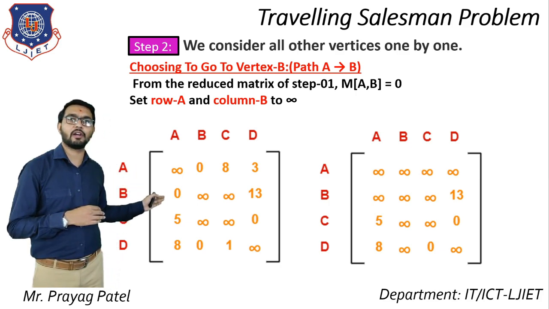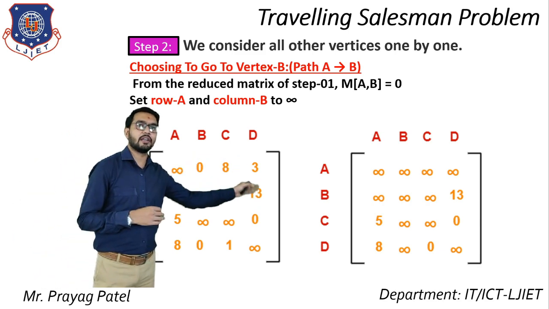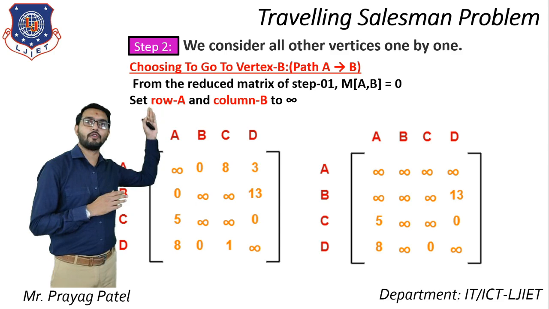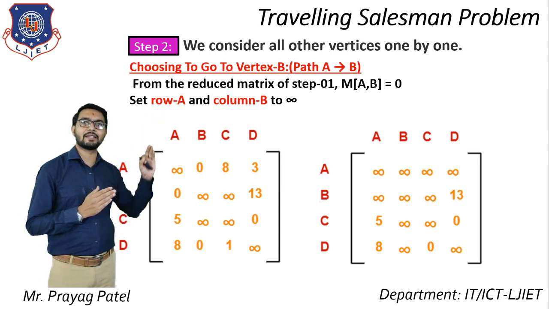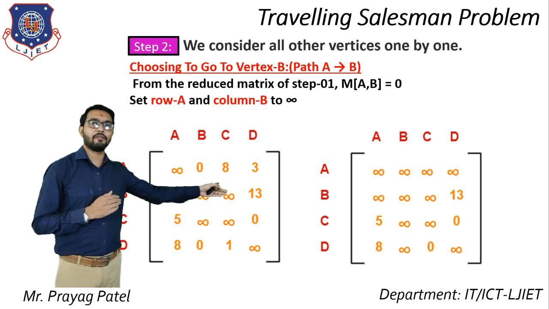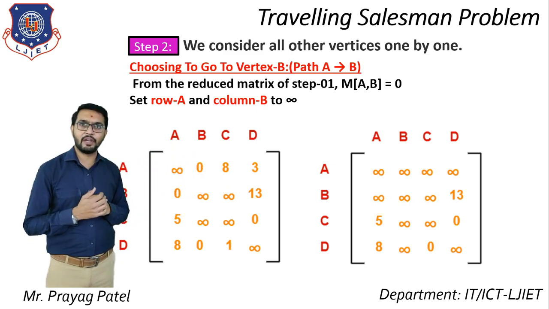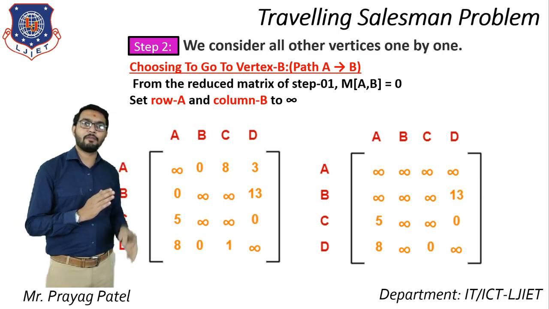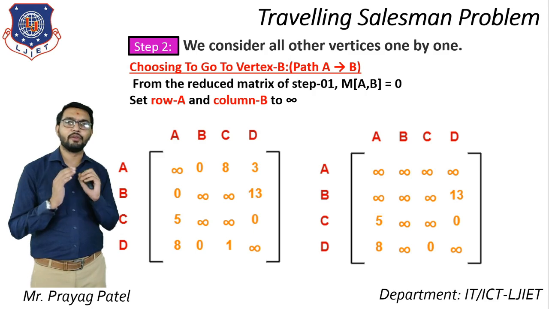So this first figure is your reduced matrix, and the second figure is your resultant matrix after performing the following operation. So first operation is to set row A and column B to infinity. So here in this second figure, see that in row A all the entries are set equal to infinity, and column B entries for all elements are equal to infinity.